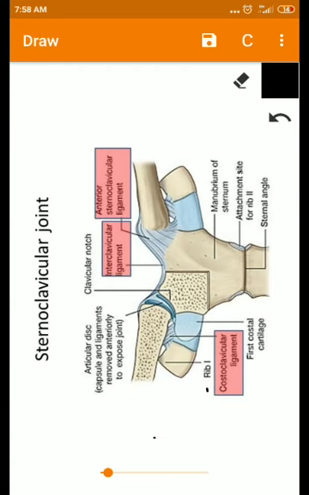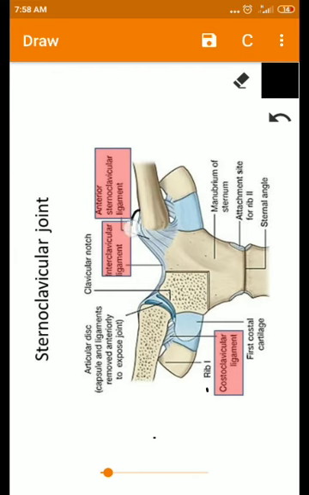Another important thing to know about the sternoclavicular joint is the relations. The relations of the sternoclavicular joint, the blood supply and the nerve supply are your assignment; you can read about them and make an assignment. The blood supply of the sternoclavicular joint is by the internal thoracic artery and the suprascapular artery.